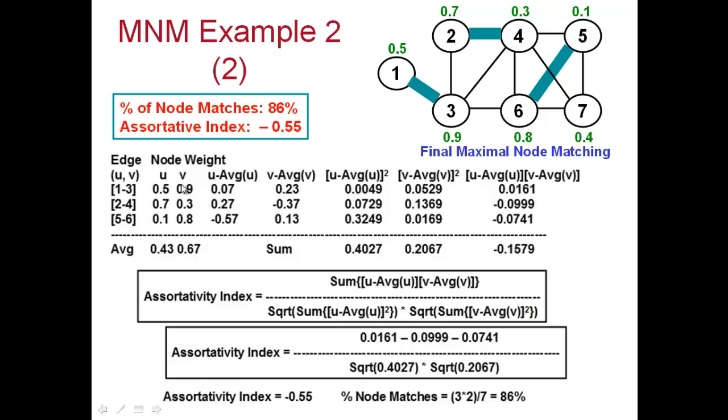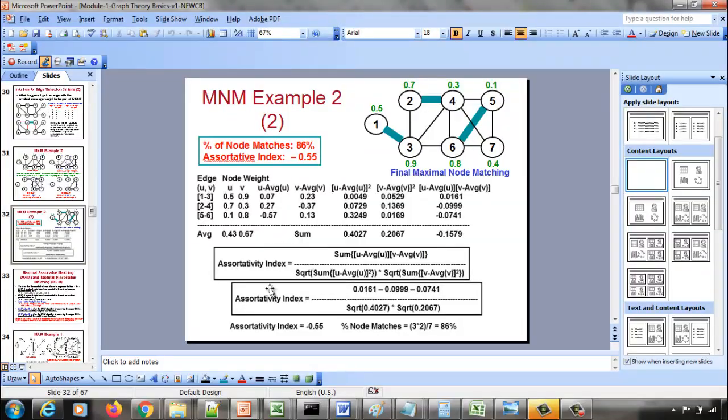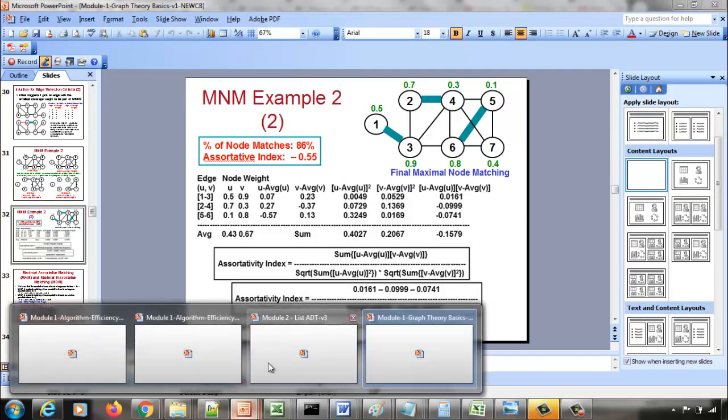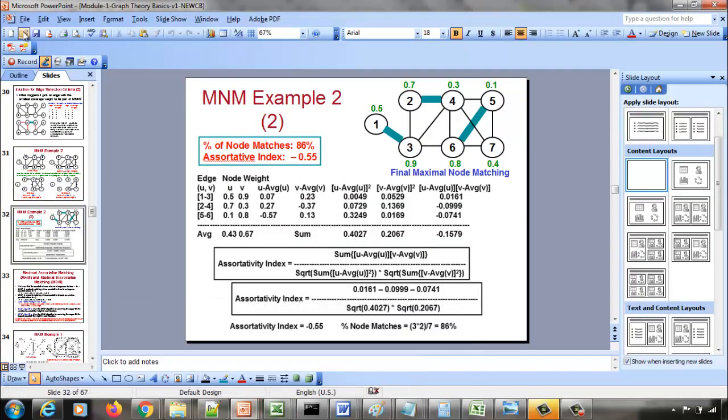Similarly, find v minus average of v. So 0.9 minus 0.67 is 0.23. 0.3 minus 0.67 is negative 0.37. Now let me see, one second, I have some other set of slides in which I should have the updated numbers.